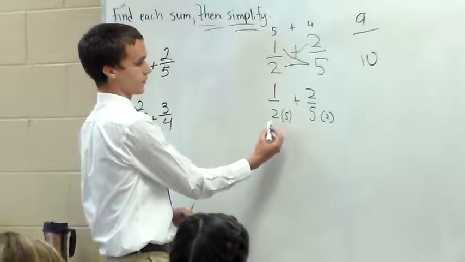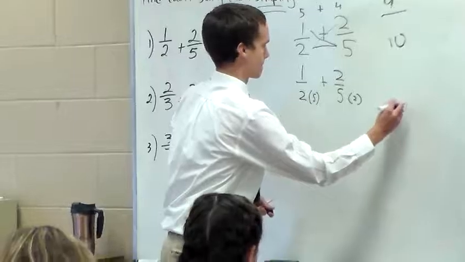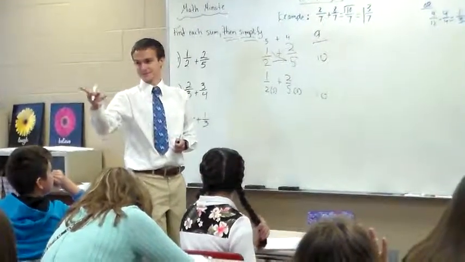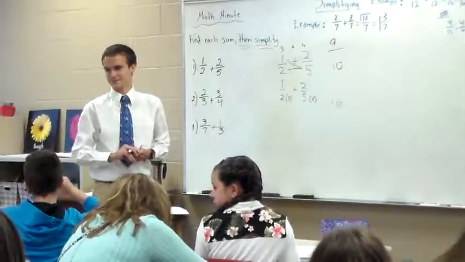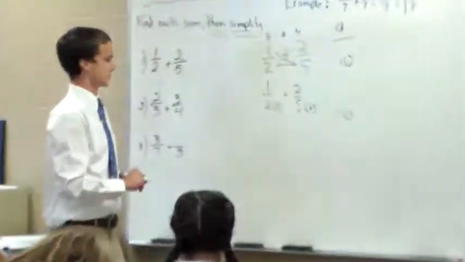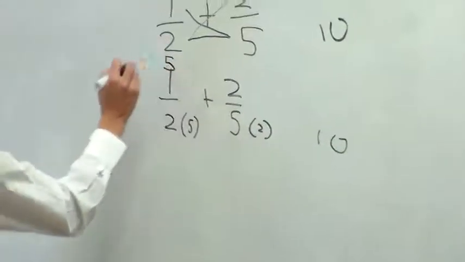And then, what is 2 times 5? 10. And then what would be the next step that y'all would do? You put times 5 on the 1 up there, and then do the same thing.